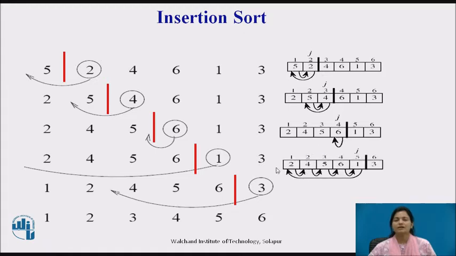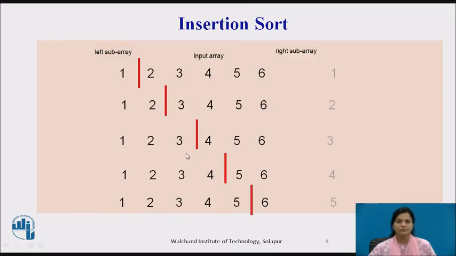Then, for making room for 1, every number is shifted by one position. In the last step we shifted only 4, 5, 6, and thus we have completed this insertion sort.